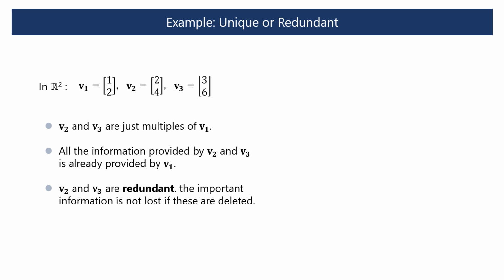In other words, all the information provided by v2 and v3 is already provided by v1. Therefore, the information contained in all three features can be expressed using just v1. In other words, v2 and v3 are redundant, and the important information is not lost if these are deleted.